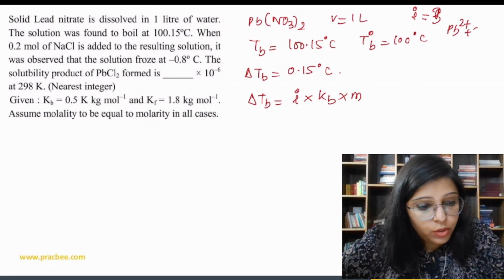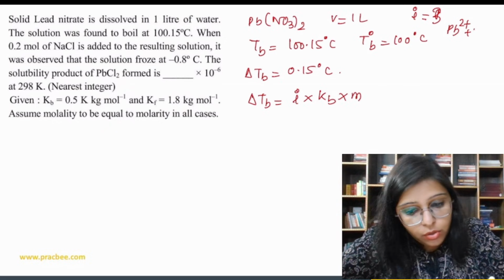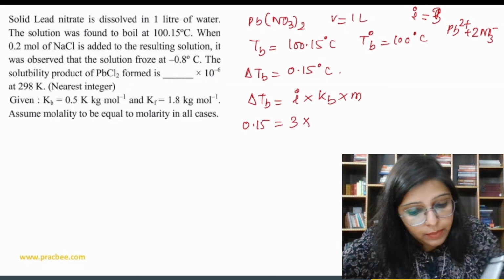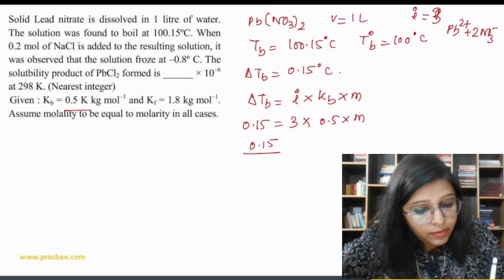Pb2 plus and 2NO3 minus. So we can write delta TB is 0.15, i is 3, KB value is 0.5, and molality. So this is 0.15 upon 1.5. It is molality, and molality is equal to 0.1.